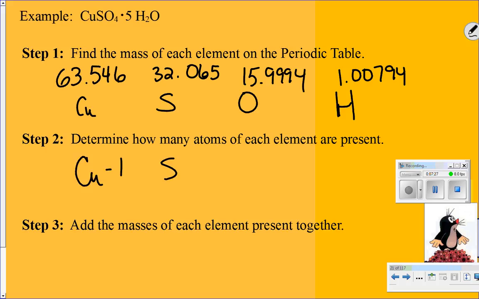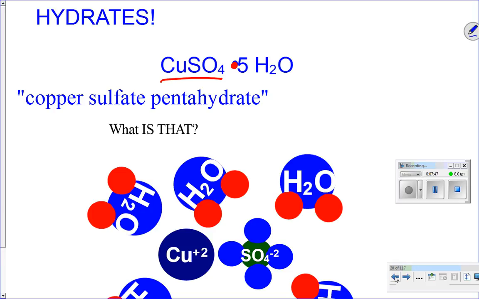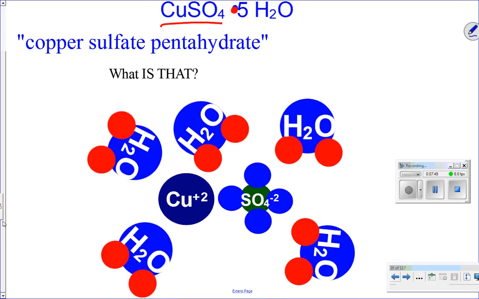We have 1 sulfur present. You can actually opt to do water separately or together with the whole rest of the compound. So in this compound, I have 4 waters right here. This 5 does go out to that oxygen right there, so I actually have 5 waters. If you look back on this visual, what this really means is each of these blues in the water is an oxygen. So we have 1, 2, 3, 4, 5 oxygens here, 6, 7, 8, 9.